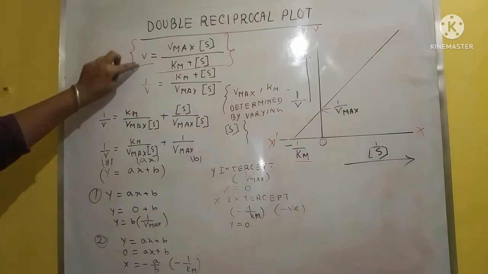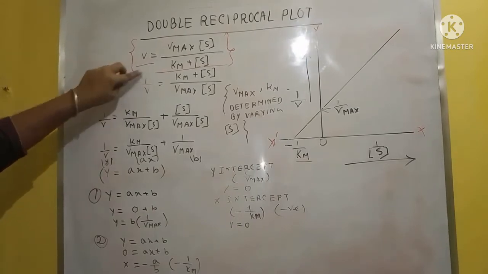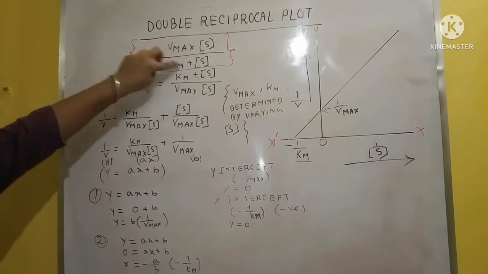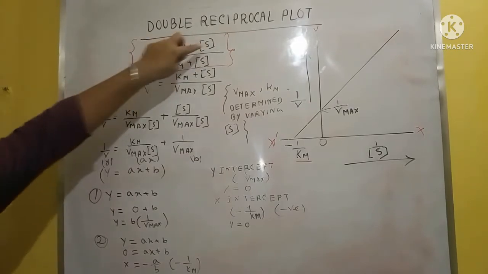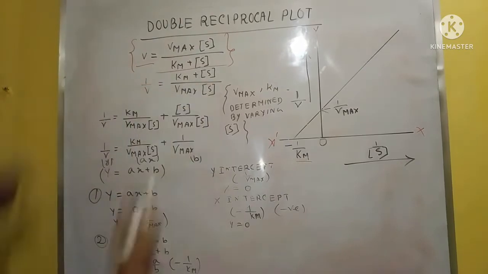That means V is in the lower portion and 1 is in the upper side, Km plus S is in the upper side, and Vmax S is in the lower side. I just write it reciprocally.